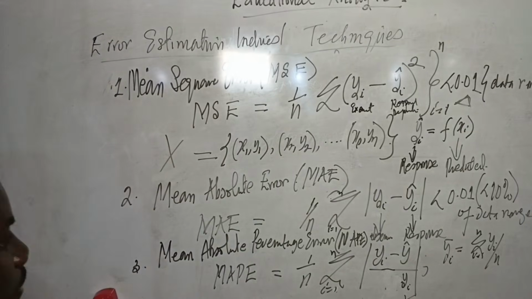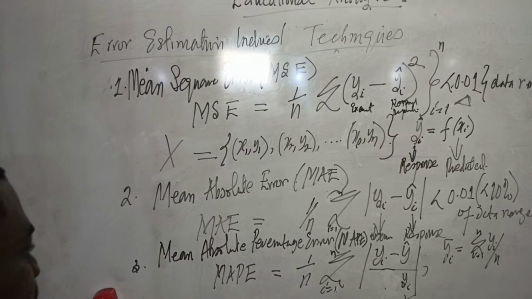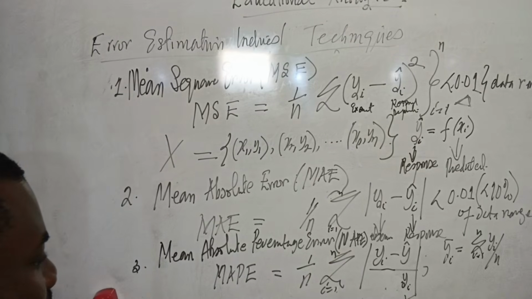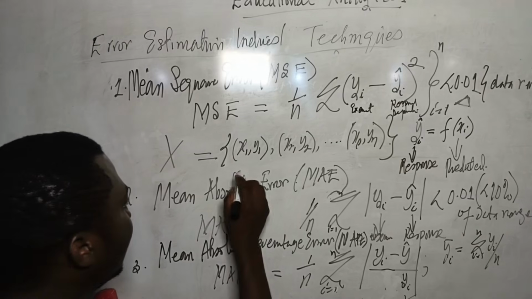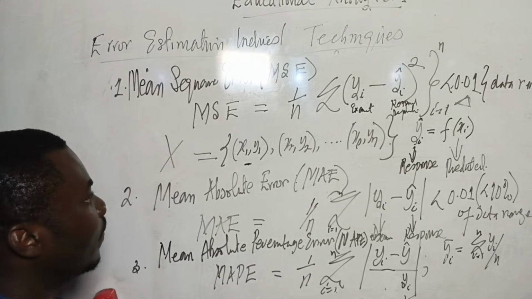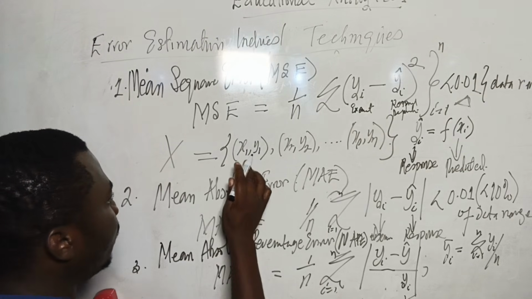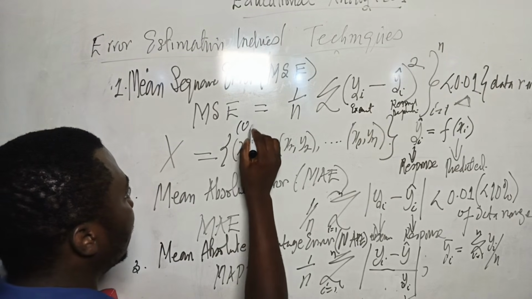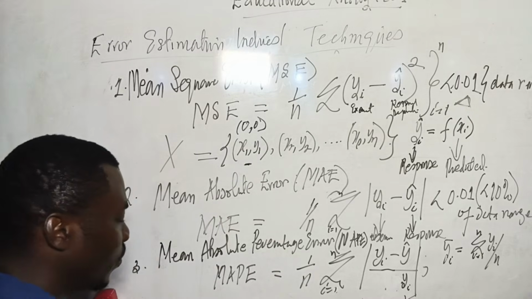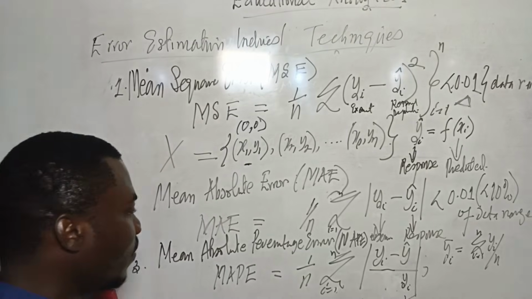Now the only problem in mean absolute percentage error estimation is that if the initial data set starts from 0, we are going to have the problem of zero divisor.